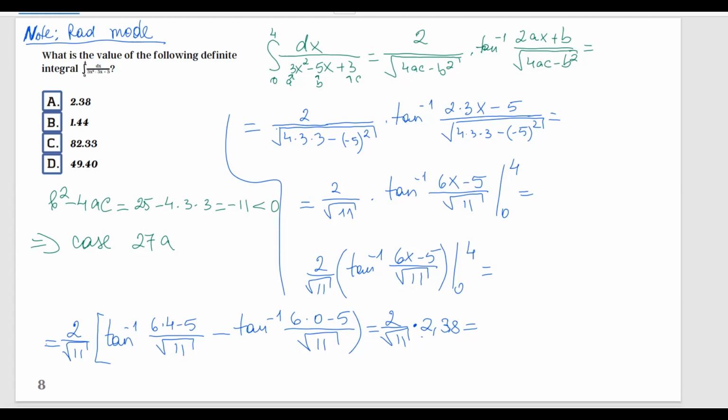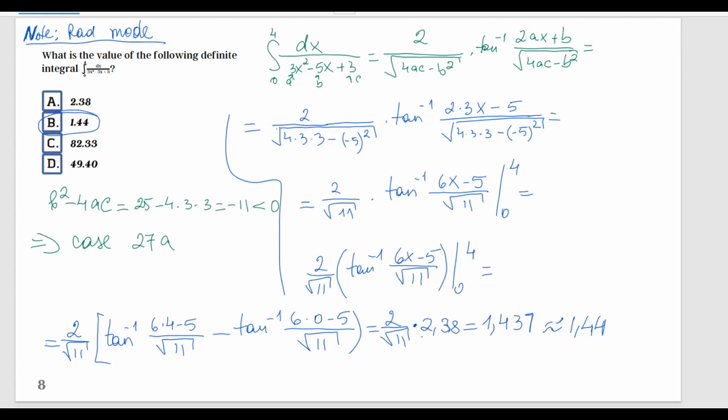So after calculating this, I get a value of 1.437, which is approximately 1.44. So looking at the answers, the correct answer is B.